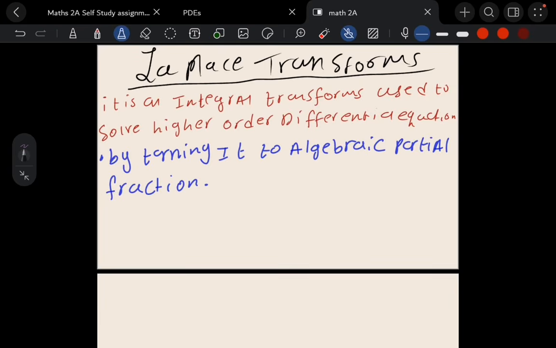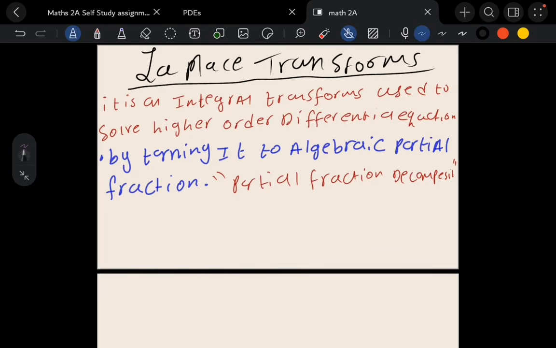It is easier to solve because you're going to use partial fraction decomposition at the end. It is going to be our last video on Laplace transform when we solve differential equations and take the inverse.